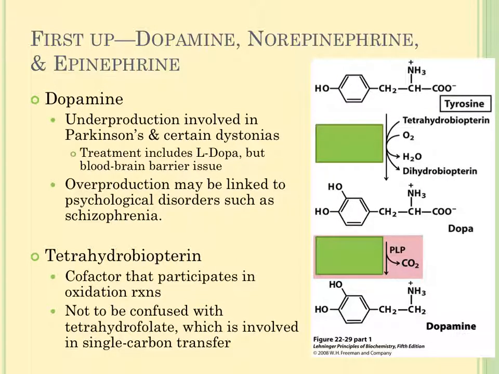Tetrahydrobiopterin is a redox reactant. Tetrahydrobiopterin becomes dihydrobiopterin, and O2 becomes water. So the only difference between tyrosine and DOPA is what?